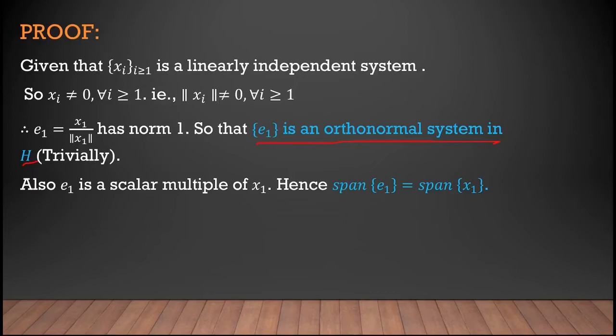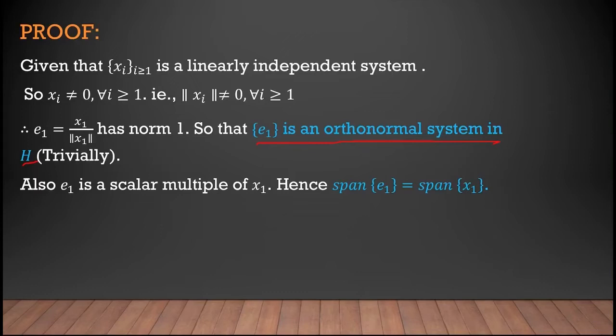So, we have the set {e1} is an orthonormal system in H. What is e1? It is a scalar multiple of x1. If e1 and x1 are scalar multiples of each other, then it is clear that span of e1 will be same as span of x1.